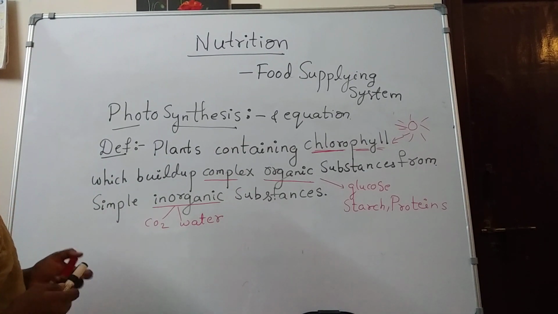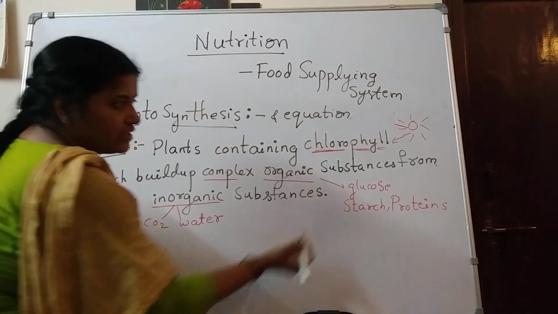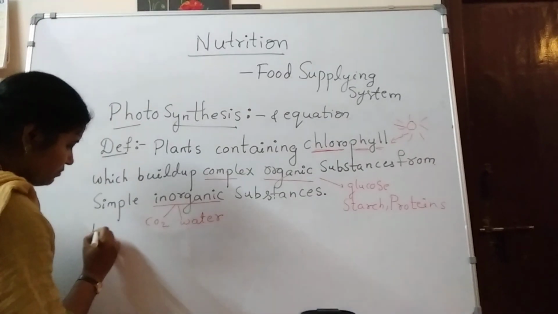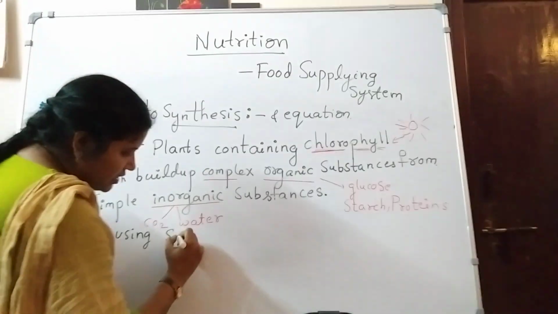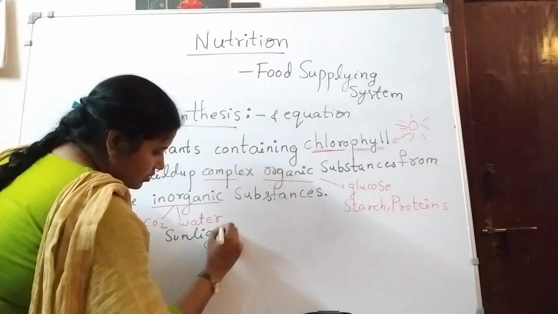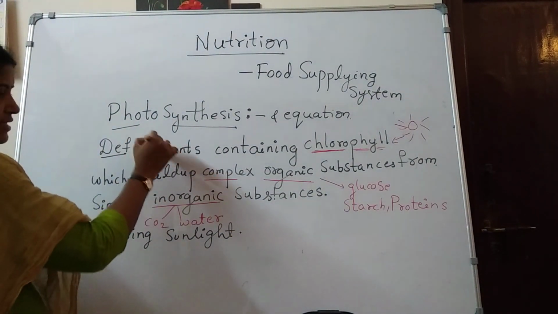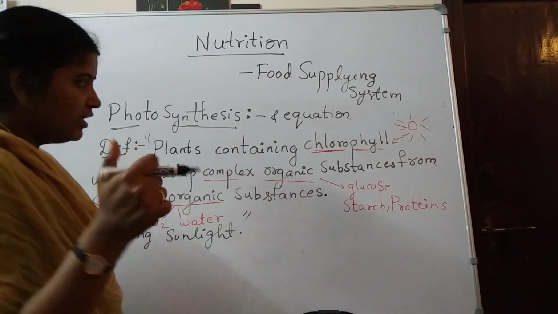So for all this what does it require? The photosynthesis definition is not completed. So inorganic substances by using sunlight. Okay, by using sunlight. So this process is called photosynthesis. Clear, right?